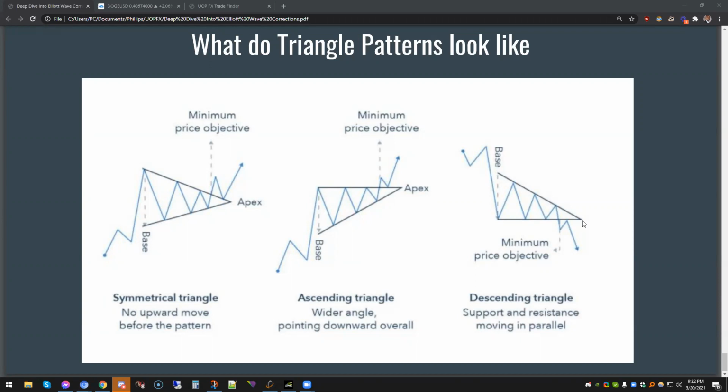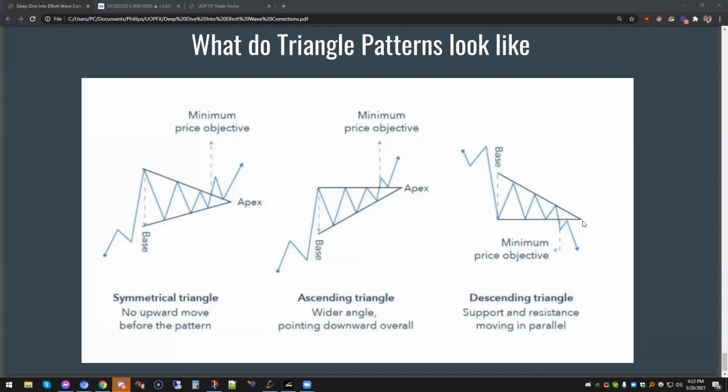And seeing in this diagram where it says descending triangle, it says support and resistance moving parallel. Now, support and resistance is a very ticklish topic, well, for me. Because I've always told traders that support and resistance mainly exist within pattern formation.